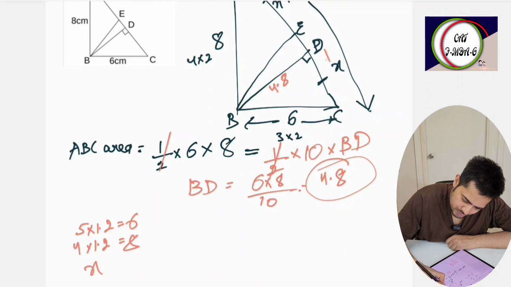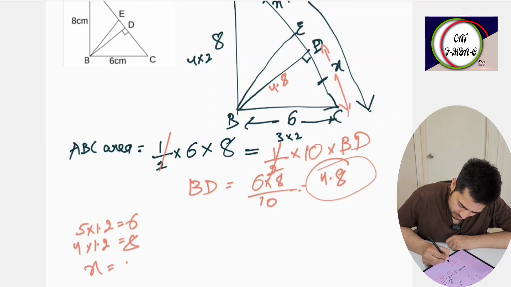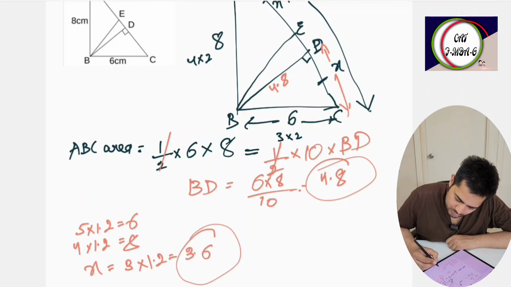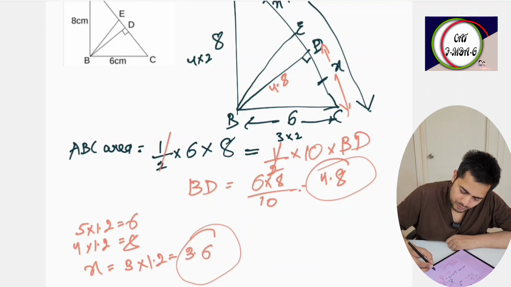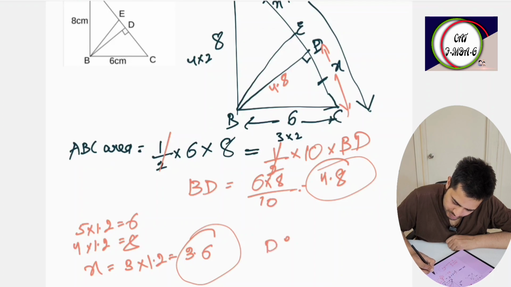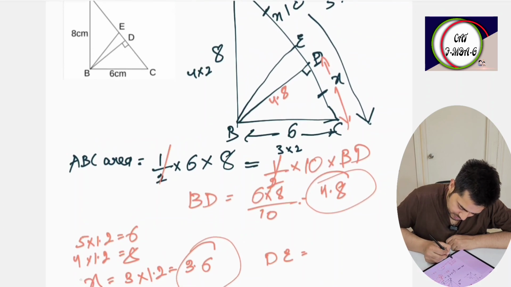So x will be 3 into 1.2. So x is 3.6. So DE is equal to, no, sorry, not x, this DC. DC is 3 into 1.2, this length. x is this whole.